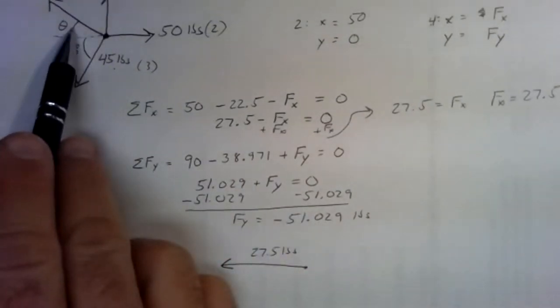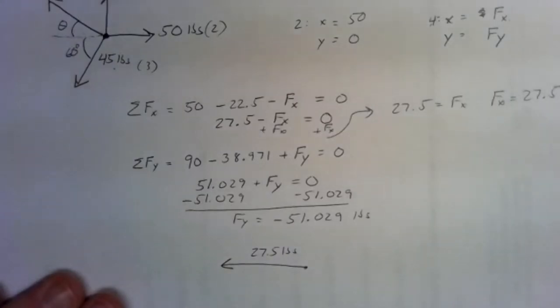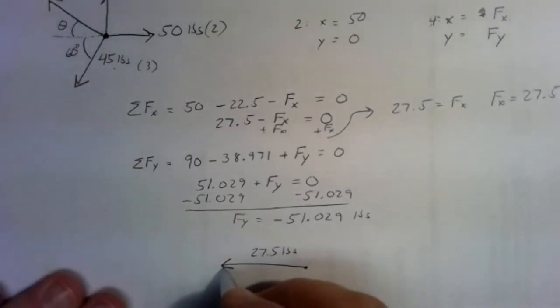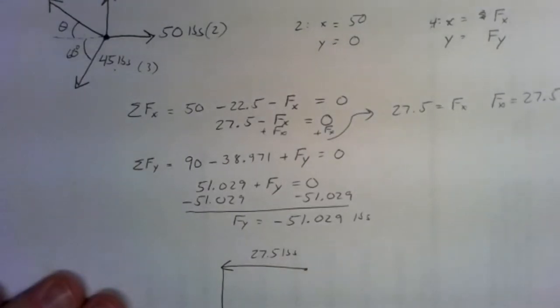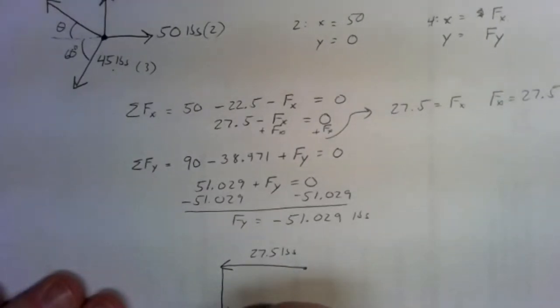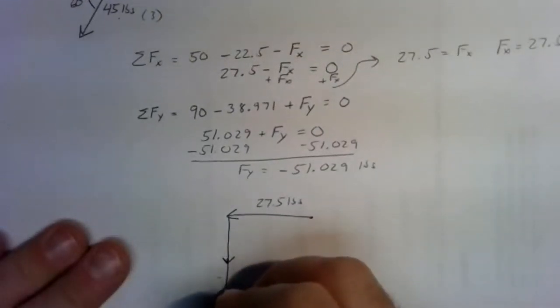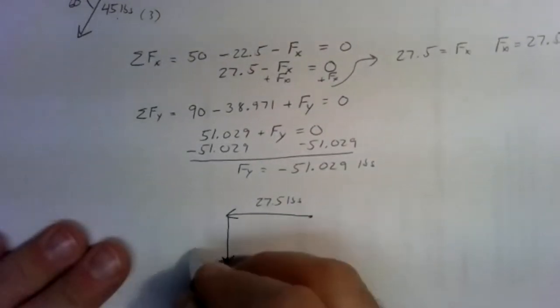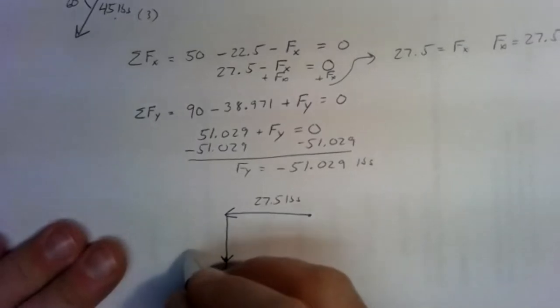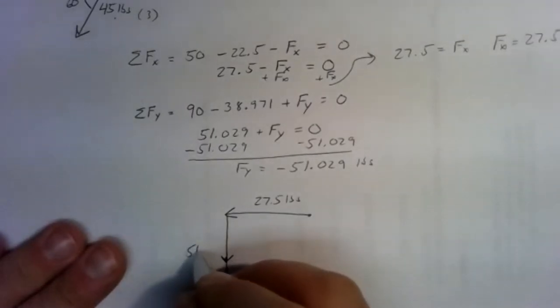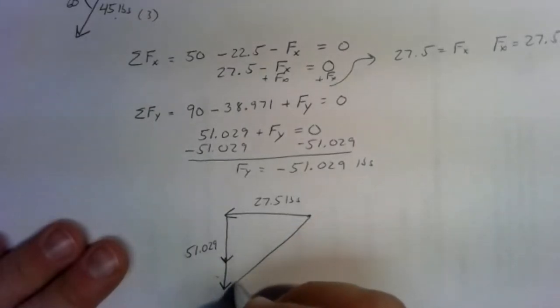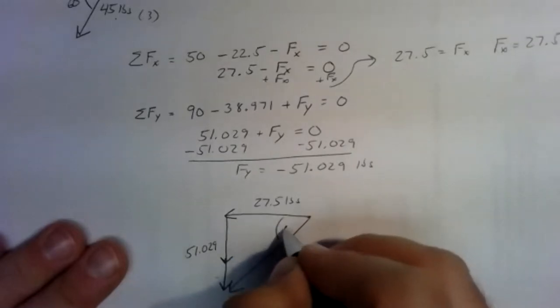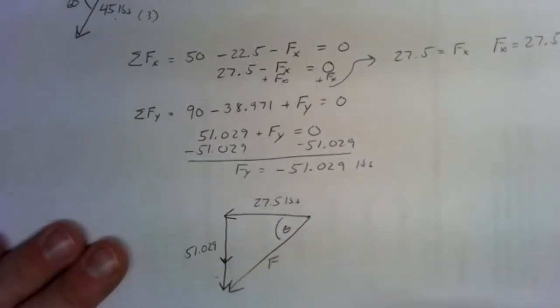It means it's opposite the direction I assumed. I assumed up, so it's actually down. So there we've got our y component, maybe a little longer to scale here. There we go. Could be longer, but I'm running out of paper. So 51.029 down. And then our resultant's going to be over here. Some angle and some force.